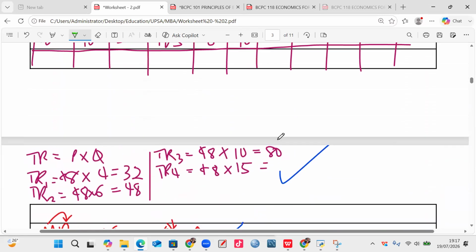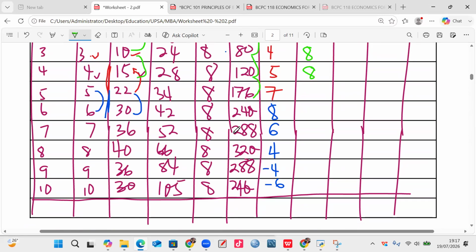So it's likely that everything here will be 8, 8, 8, 8, right? It may be. So let's finish it and confirm it. Who is doing the next one? 240 minus 176 divided by 30 minus 22. 8. Hey, are you solving it or just calling out the figures? Solving it. The next one. Do you understand it? Yes. The next one.